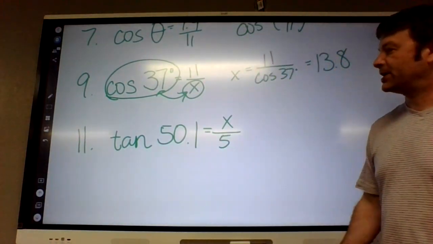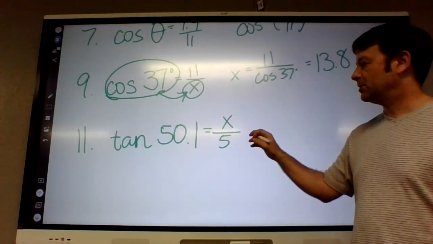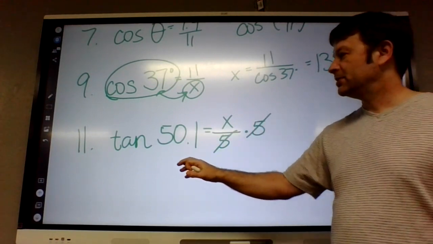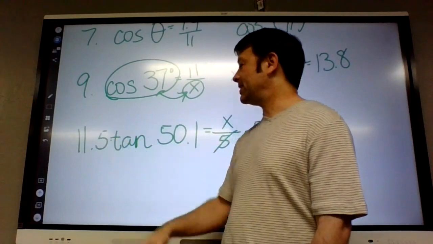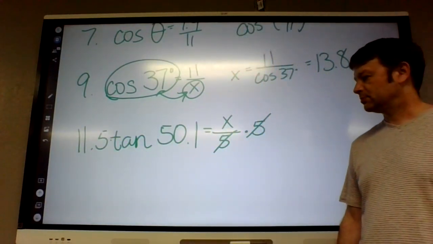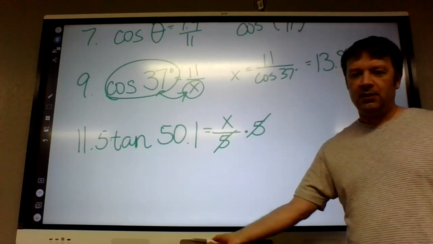What do we do when x is on top? Multiply with something. Right, to get rid of divide by 5, you just times 5. So it's going to be 5 times tangent of 50.1. Easy peasy.